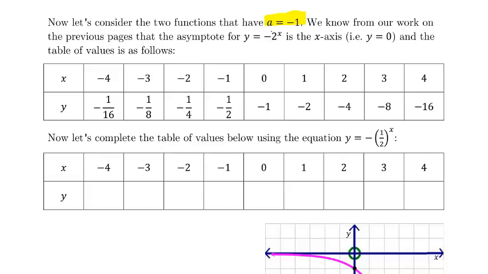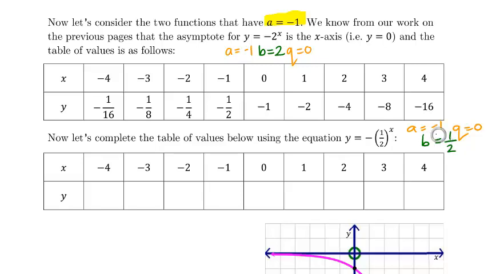We are going to check out the graph where a is now equal to -1, q is still equal to that boring 0, but we are going to compare this graph where b is equal to 2 to this new graph that we're going to get for the function with equation y equals -1/2 to the x, okay? And this is obviously where a is still equal to -1. We're looking at what the effect of b is now for these negative a values. q is still equal to 0, but now the new b value here is 1/2.